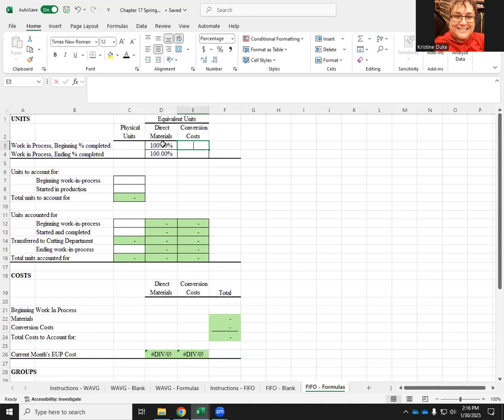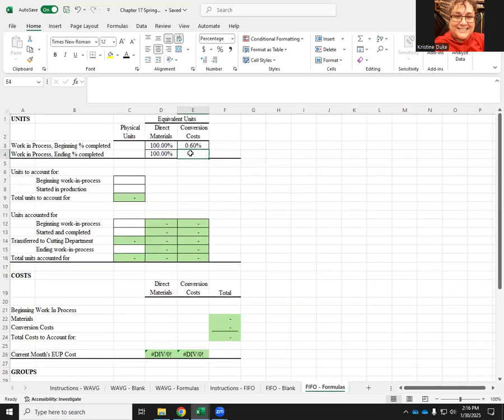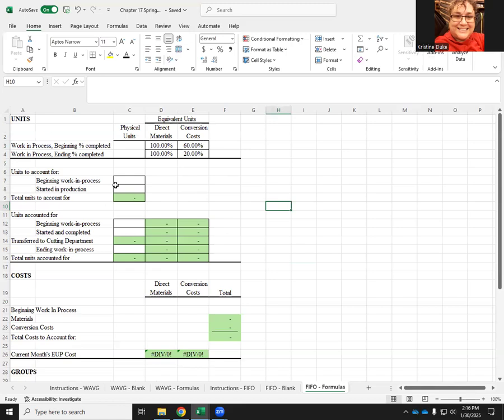We had plus 3 divided by 5, 60%, and then in the instructions it tells us that we are 20% complete. Okay, there we go, make it look pretty. I put that information in there from the instructions: 3 divided by 5, 60%, and 1 divided by 5, 20%. Got that part done.